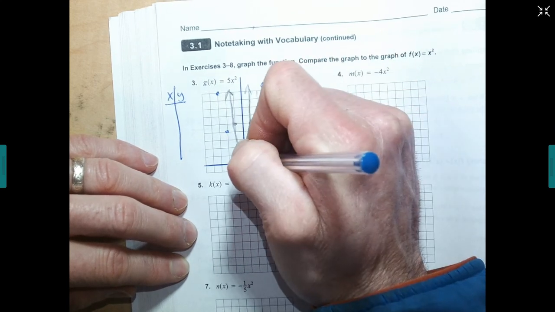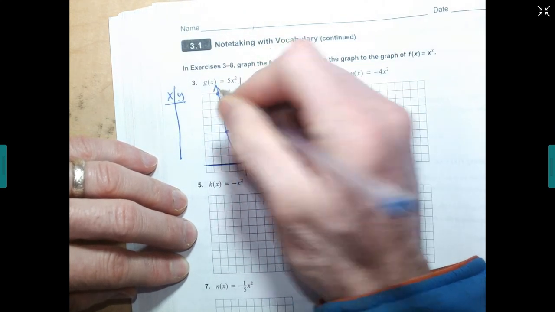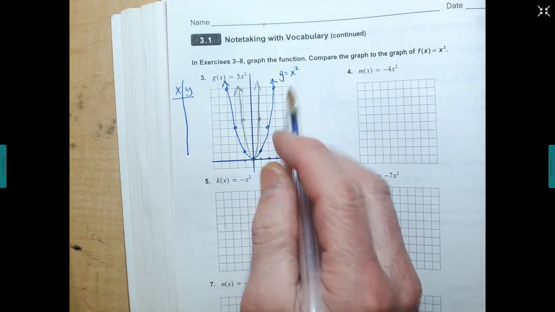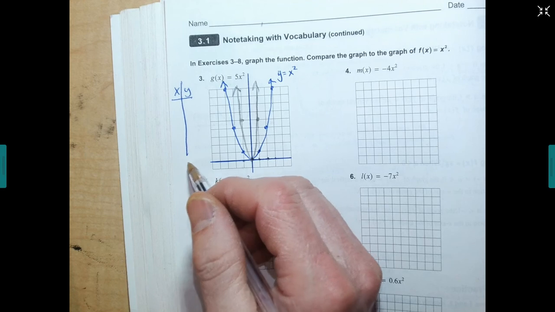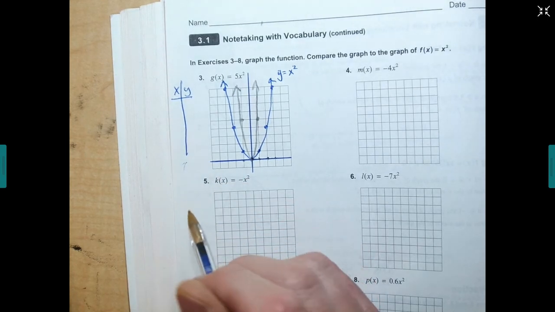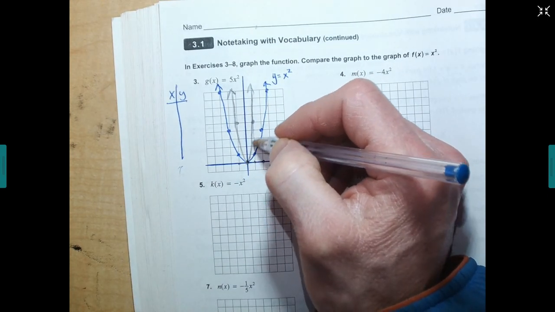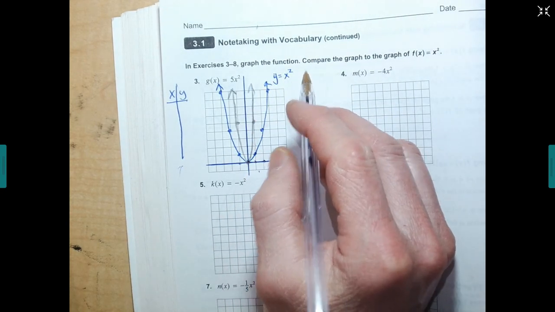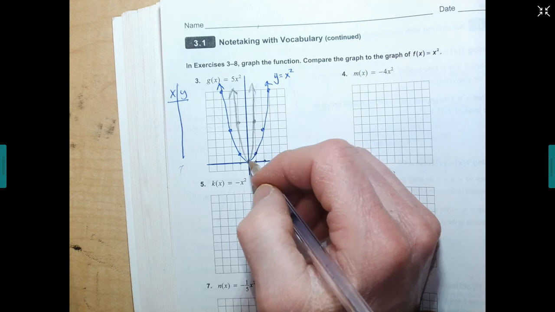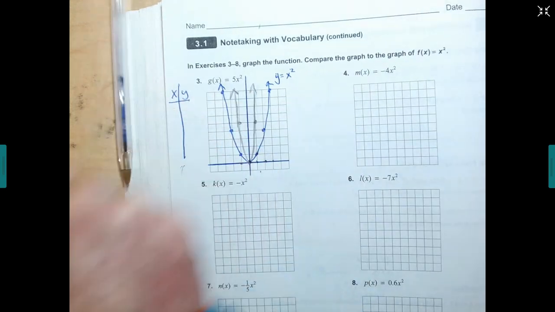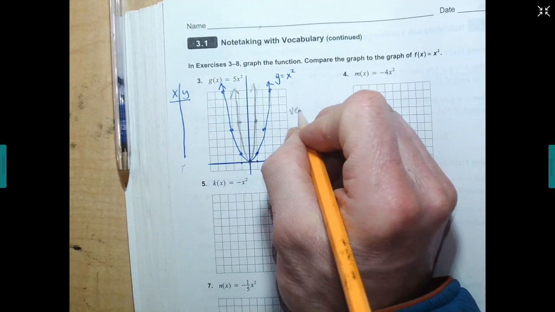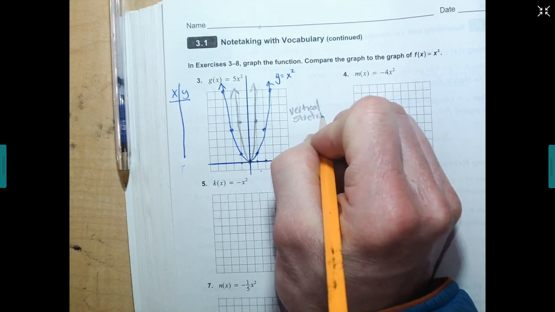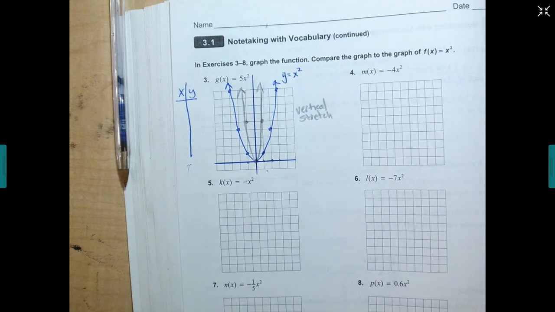So the blue is the parent function. You just know it's 1, 1, 2, 4, 3, 9. You could do that without making a table. So the comparison is our new one, the pencil one, is a vertical stretch. Stretching out.